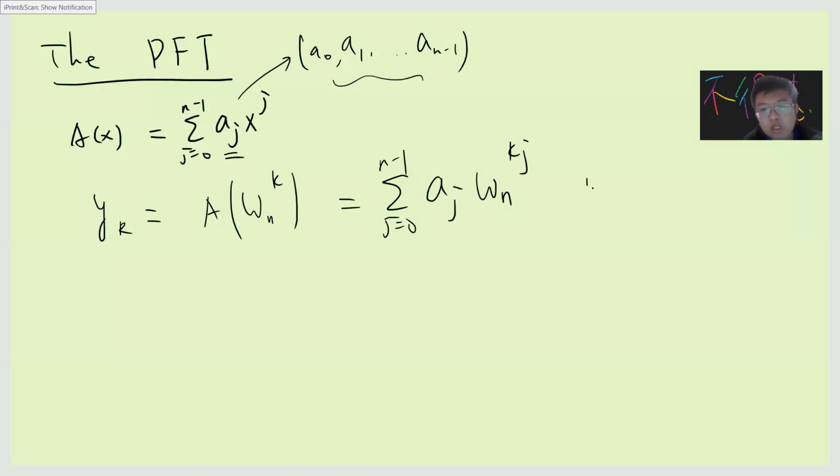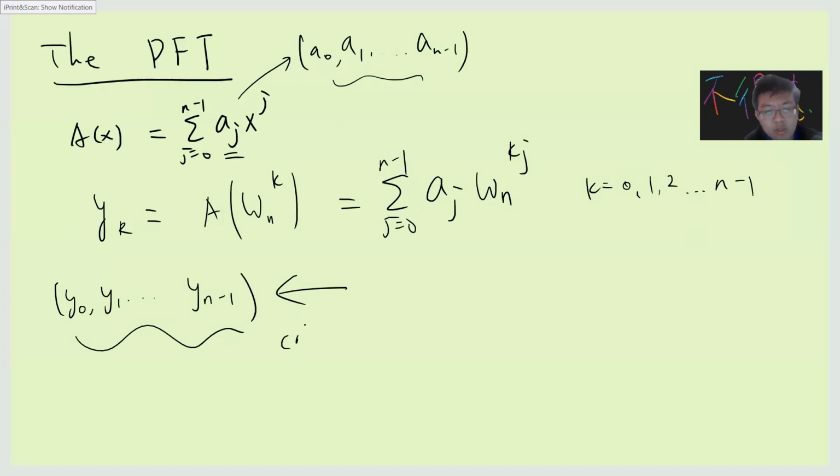And so we get this for k equals 0, 1, 2, up to n minus 1. So you start from a_0, a_1, up to a_{n-1}, and then you collect y_0, y_1, up to y_{n-1}. And then this vector of y's is called the discrete Fourier transform.